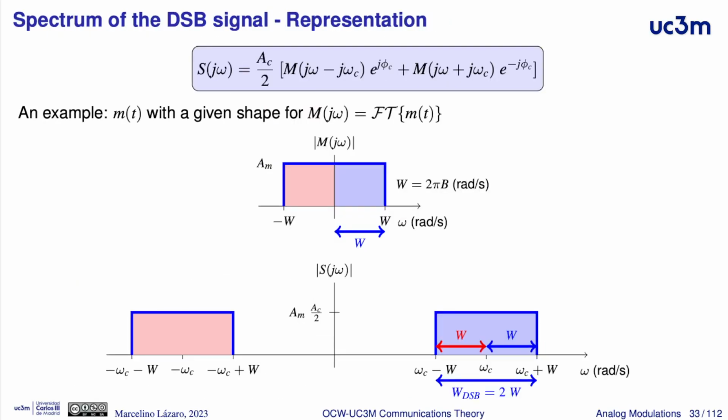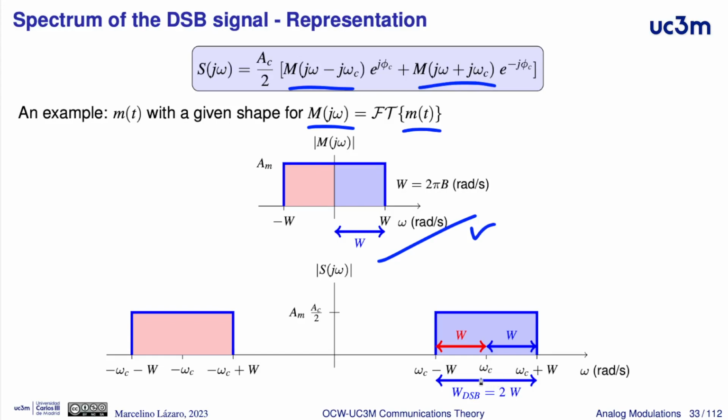This can be easily seen in the frequency domain with a very simple graphical example. For instance, if this is an example of the Fourier transform for a modulating signal, a Fourier transform that is a rectangle between minus and plus the bandwidth of the signal, we have in the spectrum two shifted replicas of this Fourier transform.